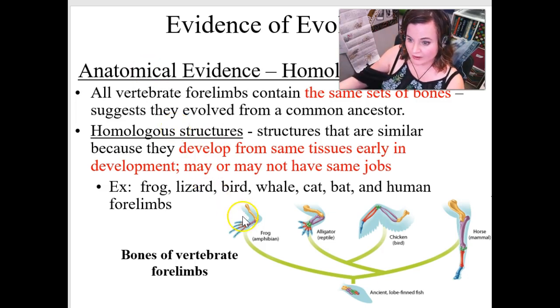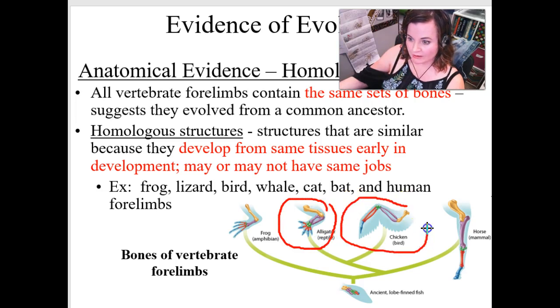So for example, a frog's leg is meant for hopping and in some cases swimming, where an alligator's leg is meant for walking, more likely pushing off.